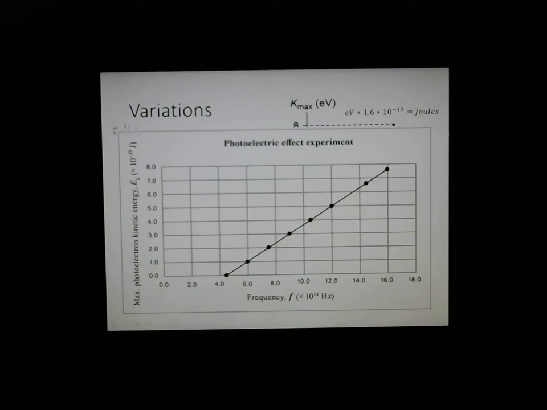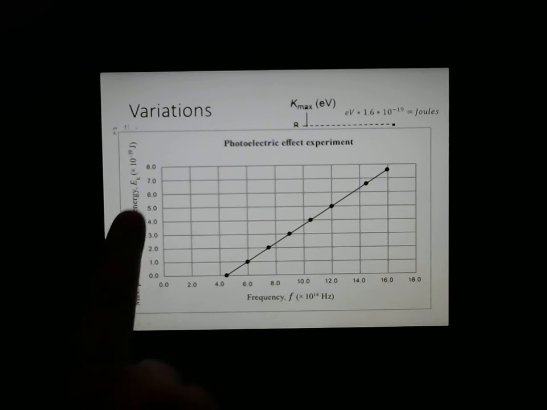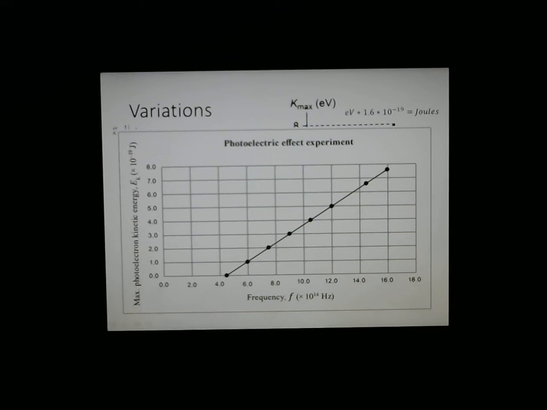And if you were to go, well, it's about 7.8 take away 0 divided by 16 take away 4.2 or 4.3, whatever it was I said before, and that's Planck's constant, again, no, we'd be wrong, because we haven't included the times 10 to the negative 19 joules up there, and we haven't included the times 10 to the 14 hertz down there.